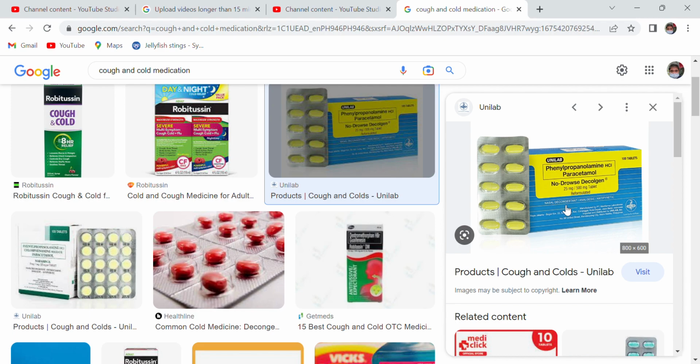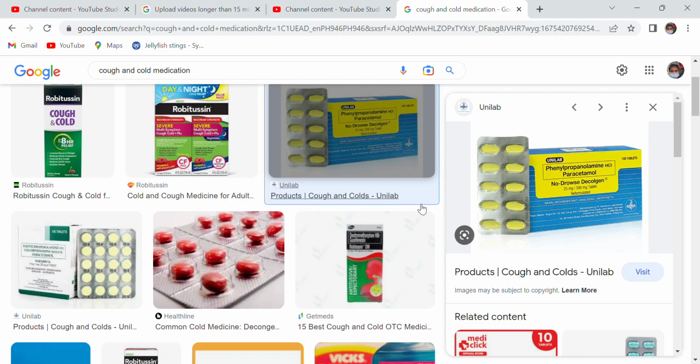It is a nasal decongestant, and an analgesic and antipyretic because of paracetamol. The phenylpropanolamine is a nasal decongestant, so if your nose is congested, you can take this one. But this is only for colds and also for fever.